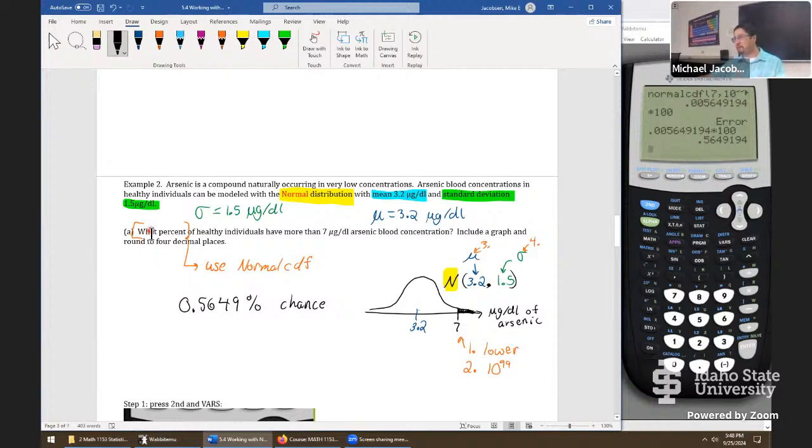Honestly, if I'm thinking about this problem, I had it from a different book, and the book said, what probability? In which case, you would have taken this number rounded to 4 decimal places. Answer would have been 0.0056. Then it would turn into 0.56%. But I forgot that this was asking for what percent.